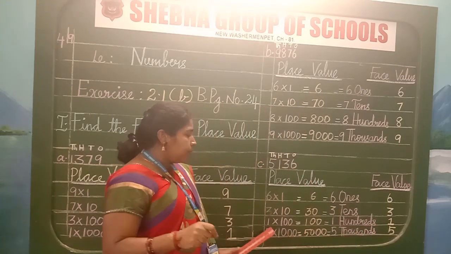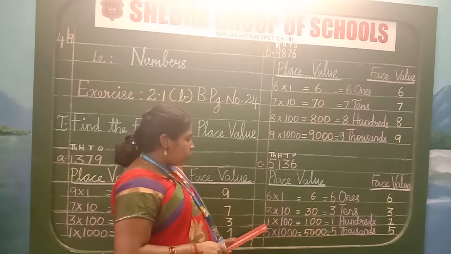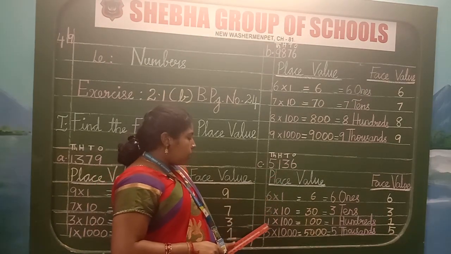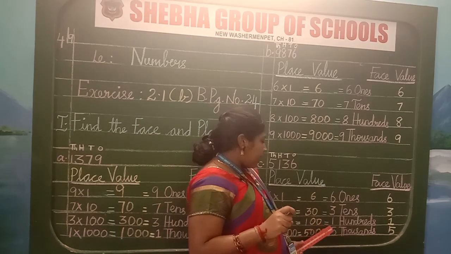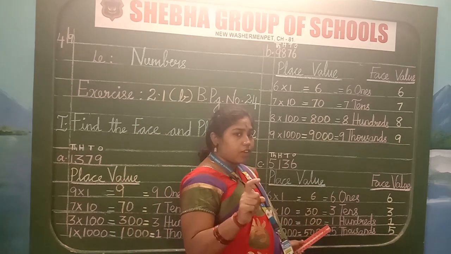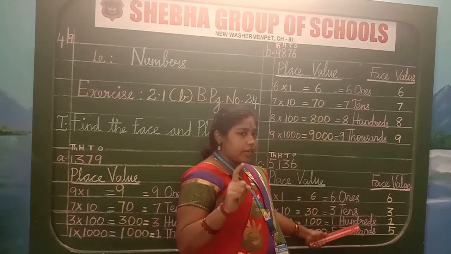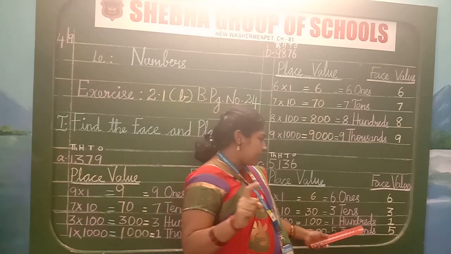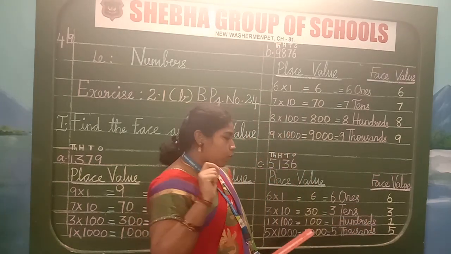Clear, children? Now we are going to write the hundreds place value. What is the number? 1. 1 into 100 is equal to 100, and we can write it in words as 100s, H-U-N-D-R-E-D-S. And in the face value side, write 1 properly.